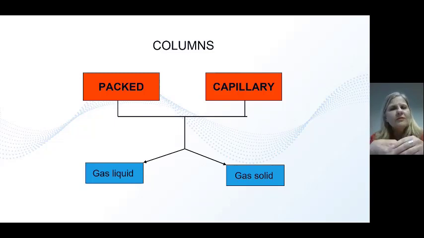This is not often used anymore, but it's used in many cases for environmental gases, which can then absorb on that packing material. For most of the other analysis, we use capillary columns. And once again, for a capillary column, you can have either gas liquid or gas solid columns.